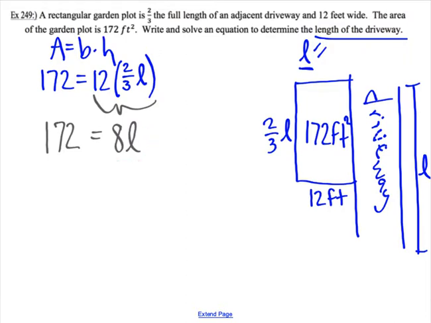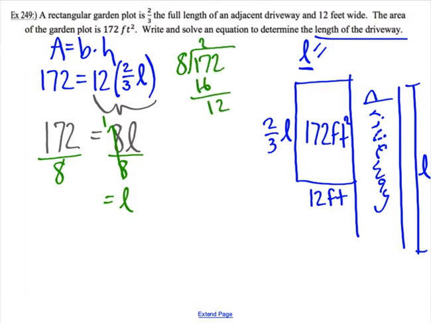And then the next step is to get the variable by itself by dividing by the coefficient, to get the coefficient equal to 1. So we get 1L. And 172 divided by 8 is 21.5.